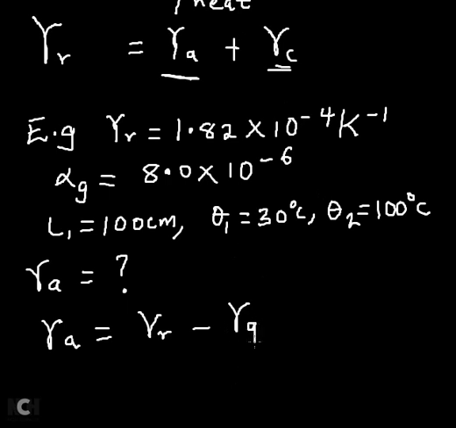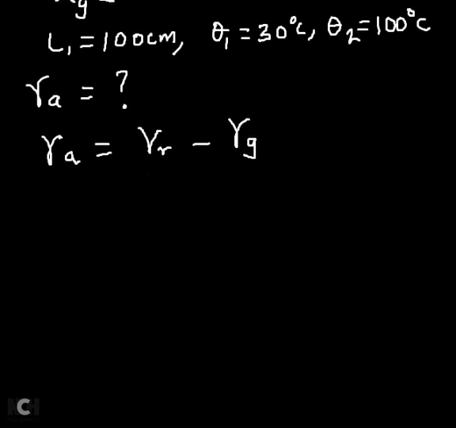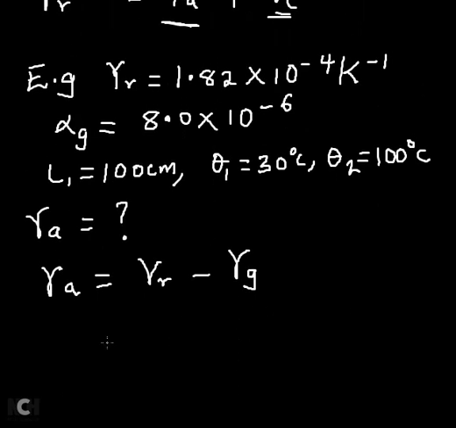Let me use G to represent that. So now the question is how do we get these parameters? First, we already know that the real expansivity of the mercury has been given. We have that right here. But we don't know the expansivity of the glass, the containing glass vessel.